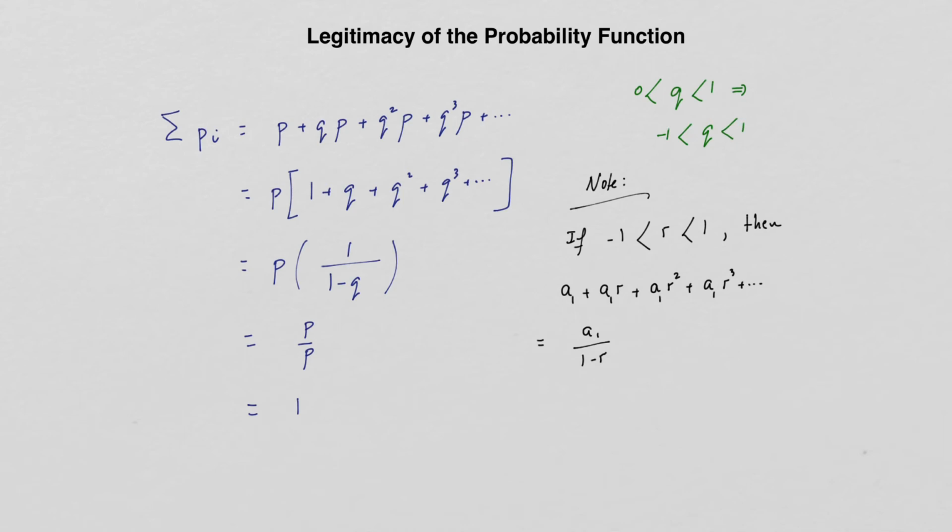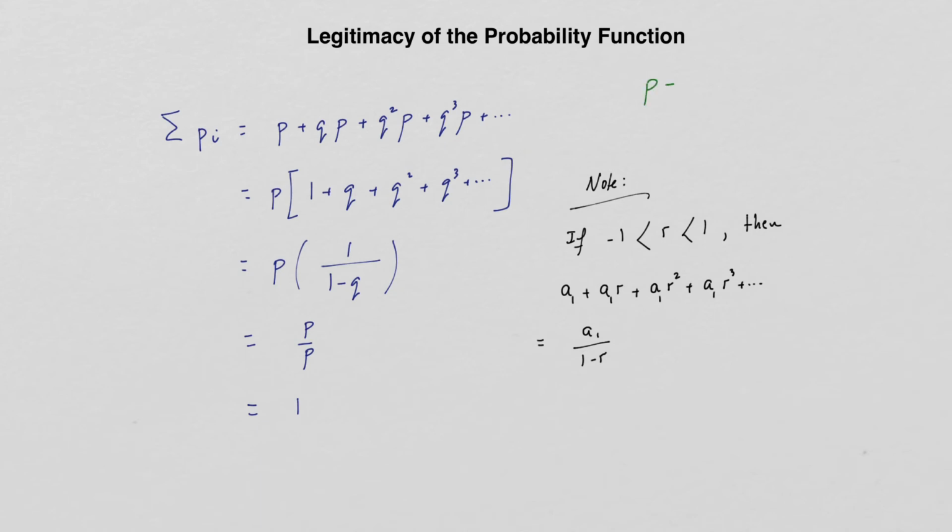So this common ratio called q happens to be between -1 and 1, and because it is infinite, this is an infinite sum. I don't know when this is ending. It has to converge, and it converges to the first term over 1 minus the common ratio called q. But 1 minus q, by definition, is p, because p plus q is 1. Isn't that true? P plus q is 1. I'll write it here.